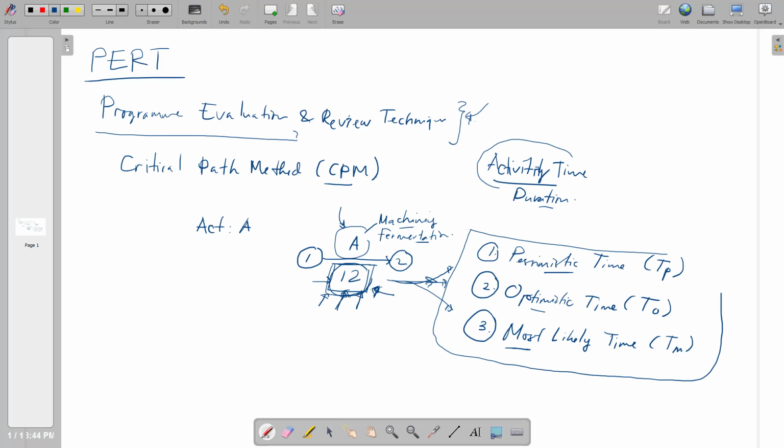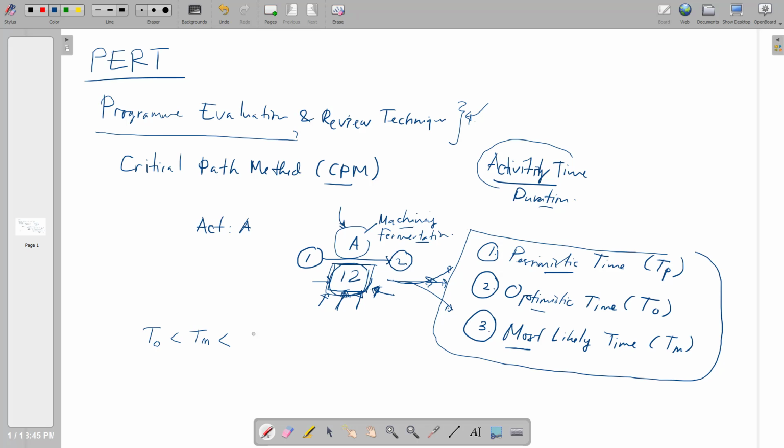Okay, so let's just jump into the calculation, right? Hold on. Before we jump, I need you to understand the concept of the three first. So when it comes to the measurement of time itself, the optimistic time usually will be shorter than the most likely time, right?